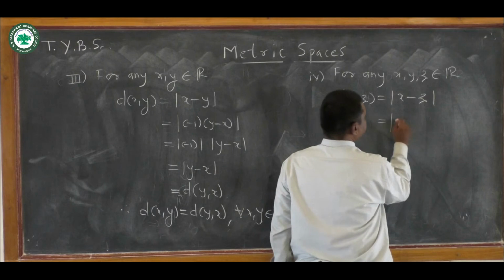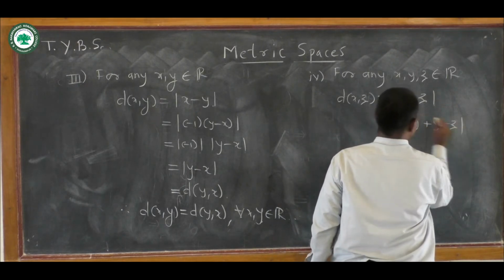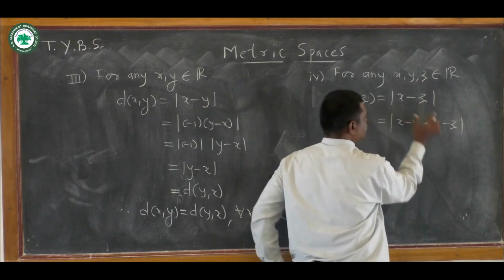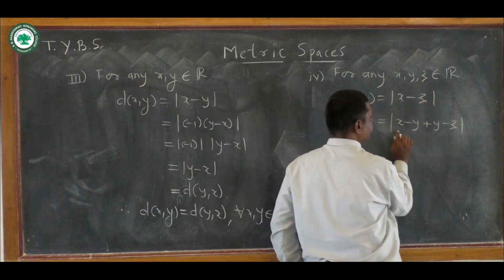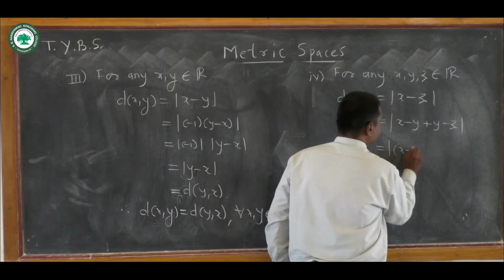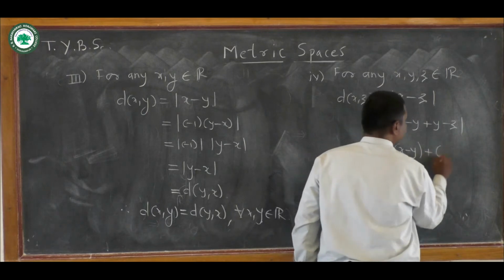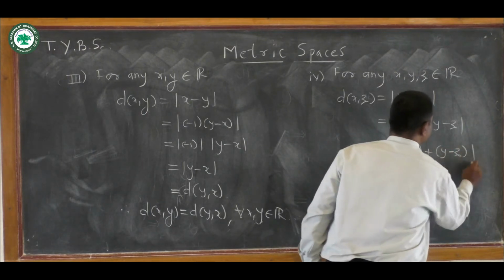Now if we subtract and add y in this expression, we write |(x − y) + (y − z)|.